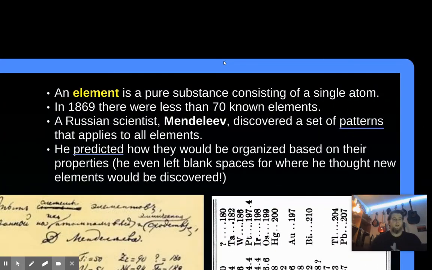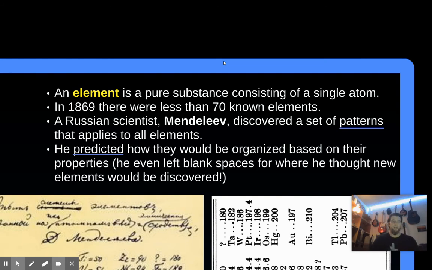And so Russian scientist Dmitry Mendeleev discovered a set of patterns that he applied to all elements. And that's one of the best scientific steps you can take, is to recognize patterns. Because once you can do that, you can start to understand what's going on. And so because he was able to see these patterns, it's almost like a numbers game. He was able to see patterns and then predict empty spots on the periodic table and what should go there.